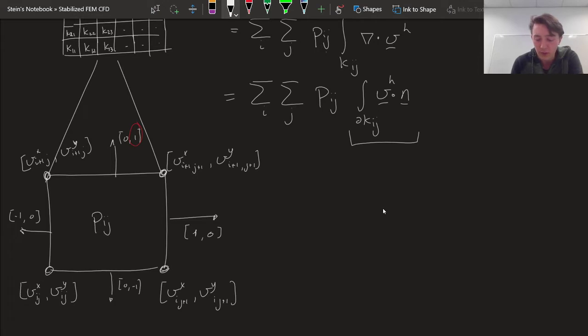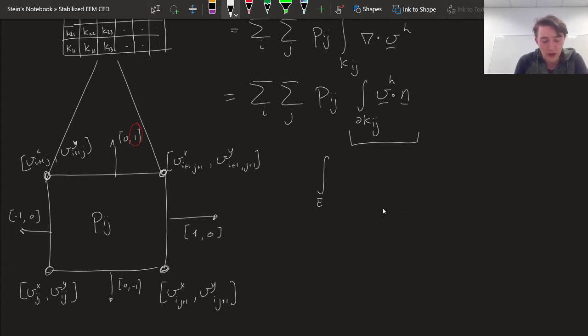So at the top, I have an integration over this width, this size. For now I'll just say that this is an integration of the edge, but we'll get back to that in a second, of only the y component of my velocity.